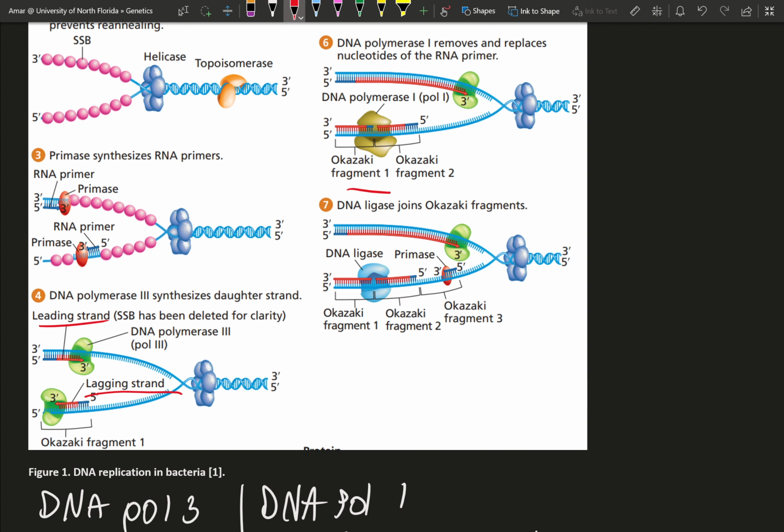So the way you should answer this question is, first of all, you want to talk about the DNA polymerase activity. To begin with, the way DNA polymerase 3, or any DNA polymerase, works is by reading the parental strand.